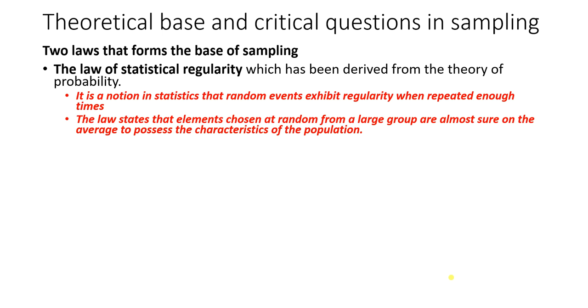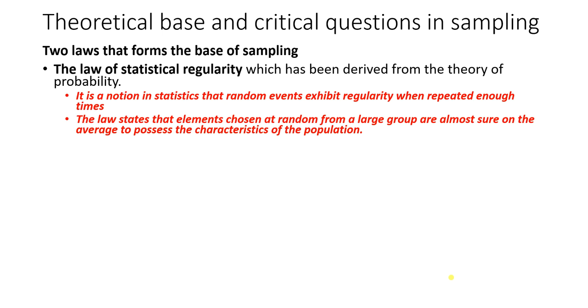In other words, this law states that elements in a sample chosen at random from a large group, that is the population, are almost sure on average to possess the characteristics of the population. So, according to the statistical law of regularity, two things are required.